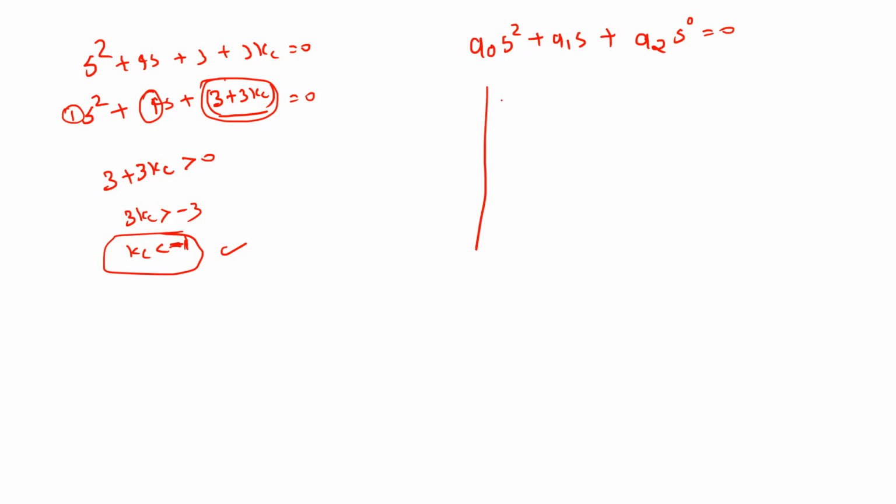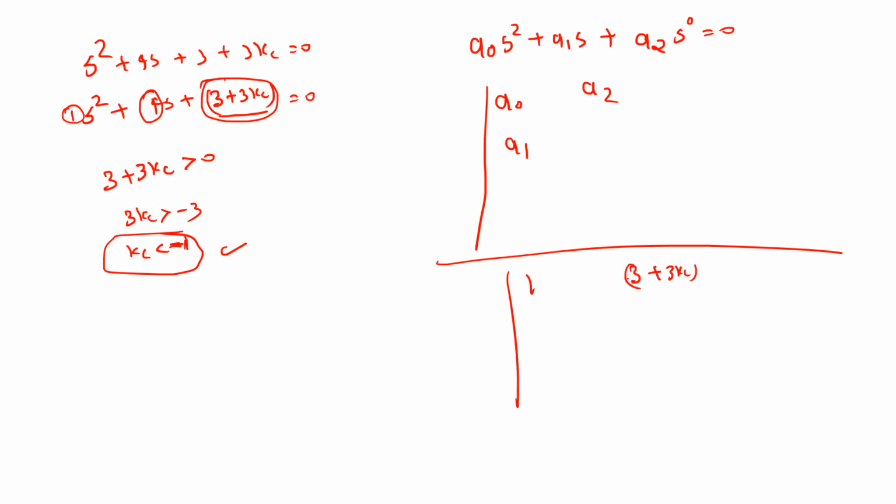Here the value of A naught is 1, the value of A2 is 3 plus 3Kc, and the value of A1 is 4. So this will be 0. Now, to calculate this value, this one into this one minus this one, divided by this one, it will be 3 plus 3Kc, and this will be 0.